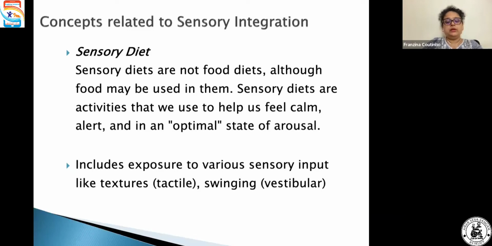Okay. Now, similarly, when you are jumping up and down on your toes, there is increased vestibular input because you are balancing on a very small area, which is your toes. So when you have children on the spectrum who walk on their toes, it is because they are seeking vestibular input.